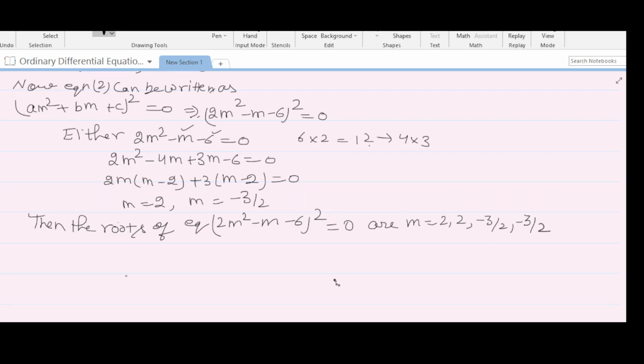So these are the roots, and with the use of these roots, the final complementary function or the solution of the homogeneous equation can be written as, now we will write it.